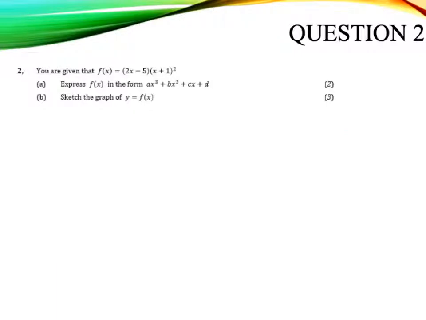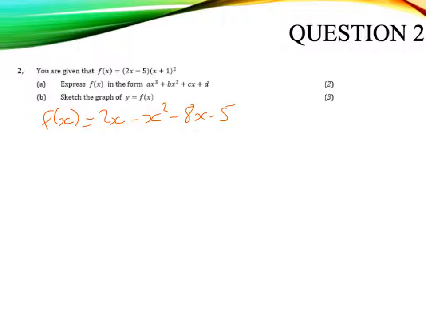So now we're going to use the information that we got from part A, that f of x was 2x cubed minus x squared minus 8x minus 5. We're going to use this information to help us with our sketching.